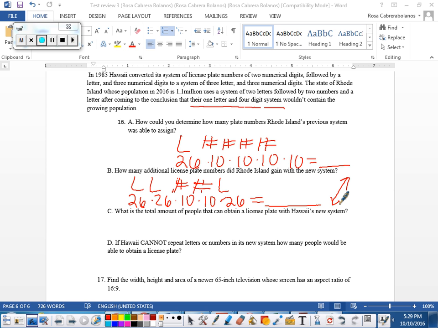It says what is the total amount of people that can obtain a license plate with Hawaii's new system? And it says that its new system is 3 letters. Oh, I'm putting it in the wrong one. So 3 letters, and 3 numbers.